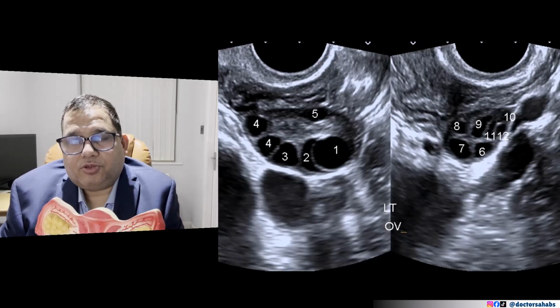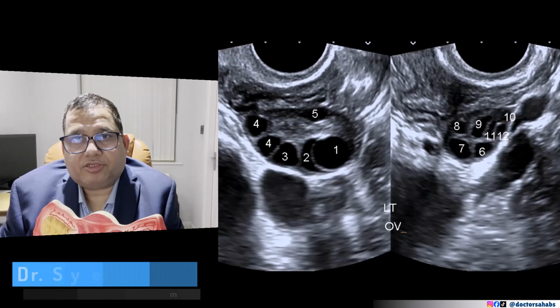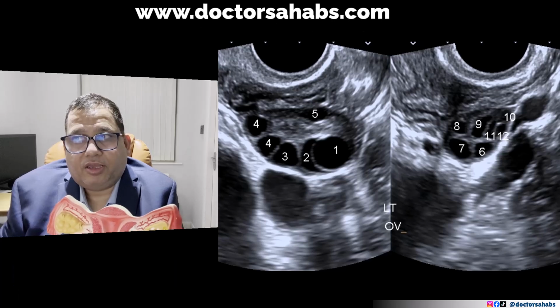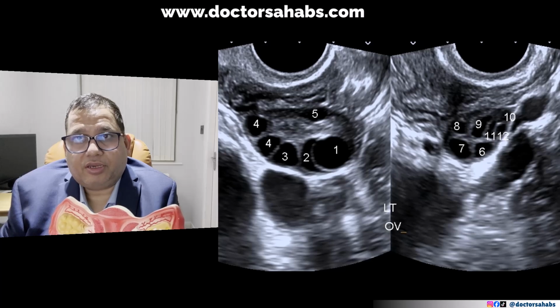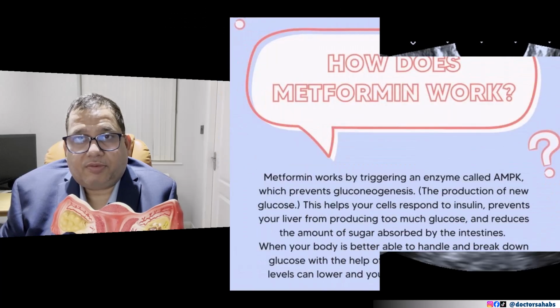Sometimes, due to their high level of insulin resistance and higher level of sugar in their body, some healthcare providers prescribe metformin.